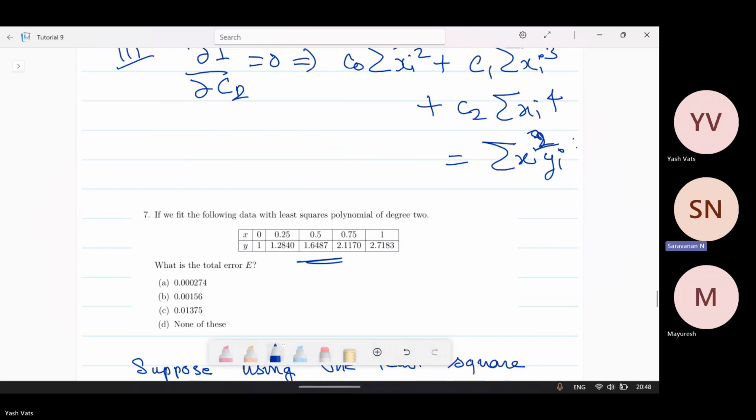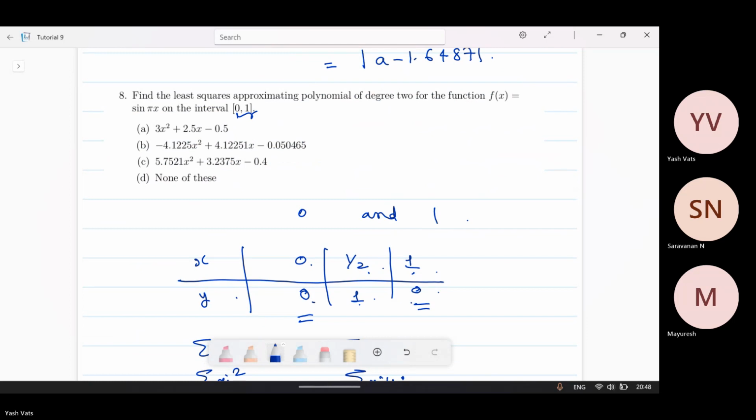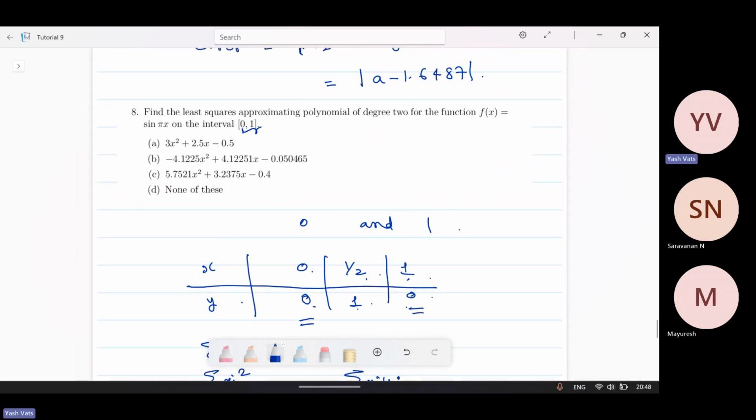But the answer itself is not more than x square, no? The polynomial, whatever equation we are seeing, is not above x square. Yes, we are taking x raised to 4 in the summations, but finally the square polynomial you will get.